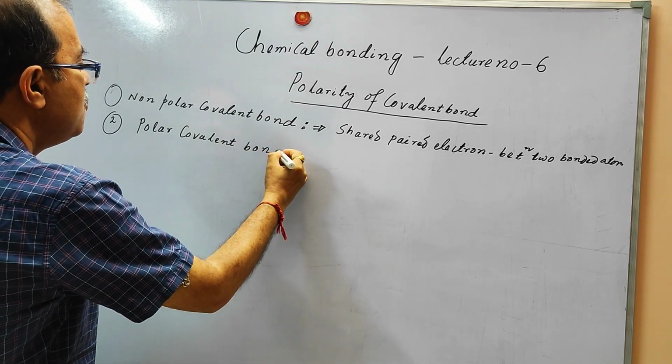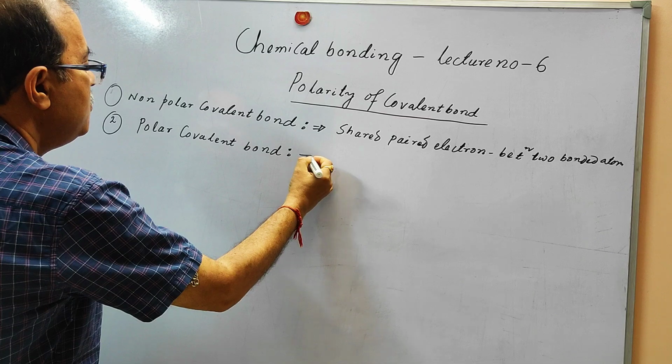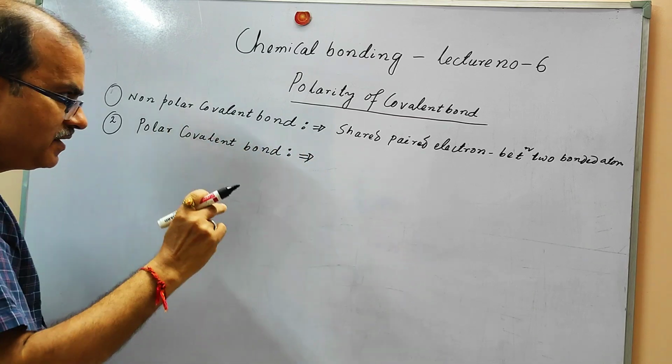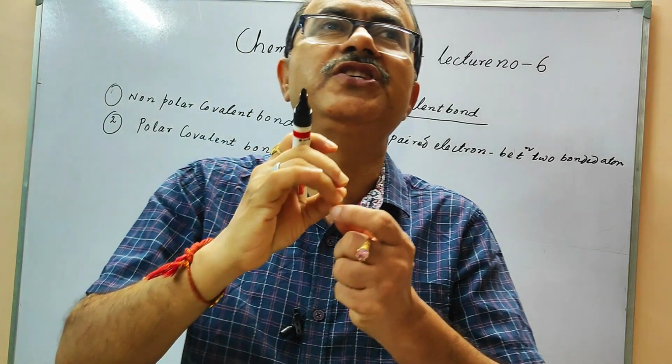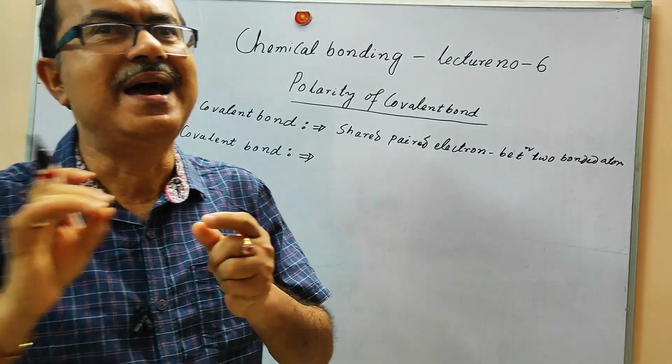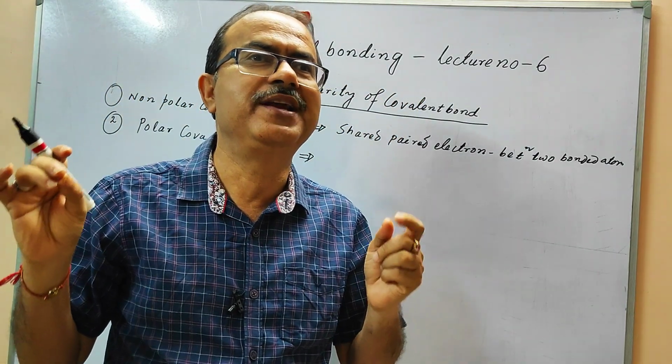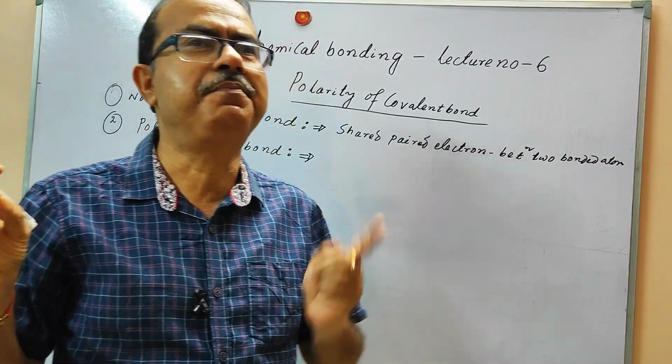What are those? Polar covalent bond: when the shared pair of electrons is shifted towards one bonded atom.